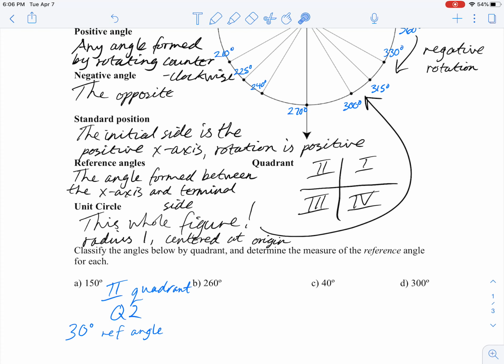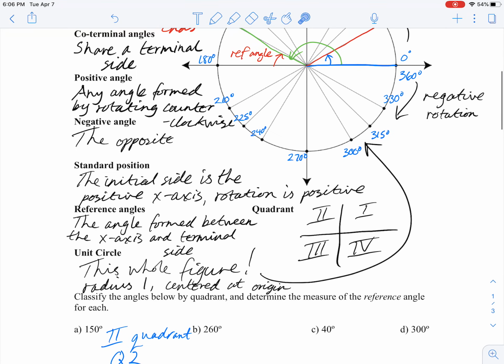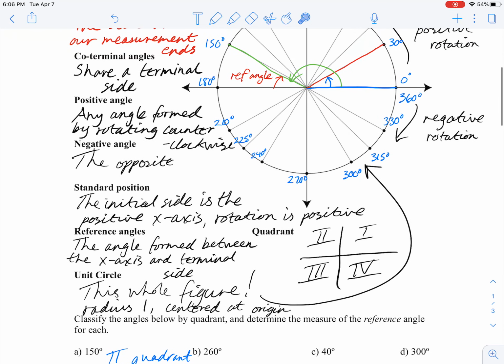Now, for 260 degrees, that angle, we go all the way past 180, but we don't quite get to 270. So we are going to be living somewhere around in there.